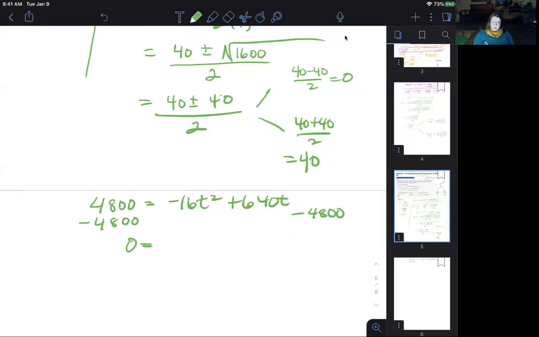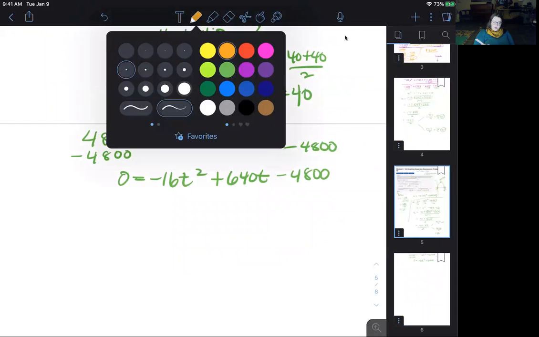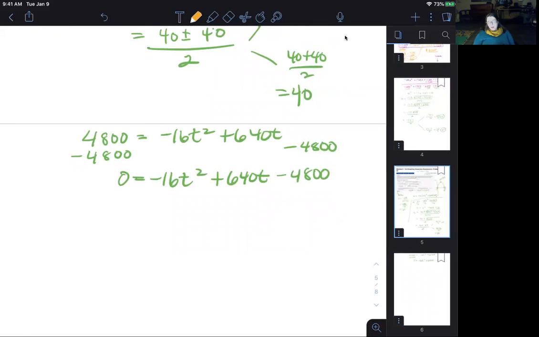I get 0 equals negative 16t squared plus 640t minus 4,800. And just like I've been doing in some of these examples with the quadratic formula, I prefer to use smaller numbers. I notice these are all divisible by 16. So I'm going to divide both sides by negative 16.